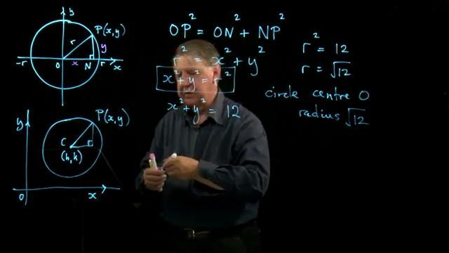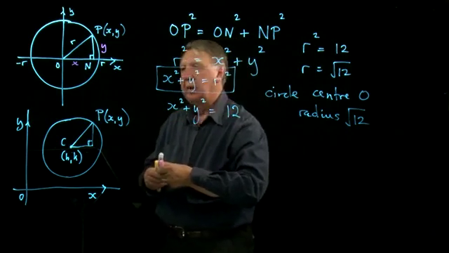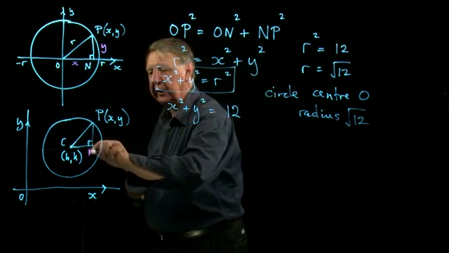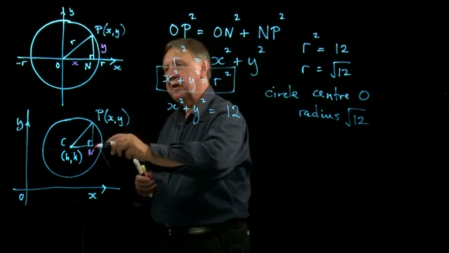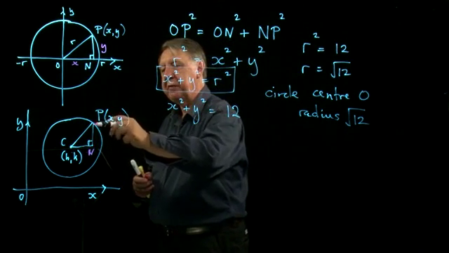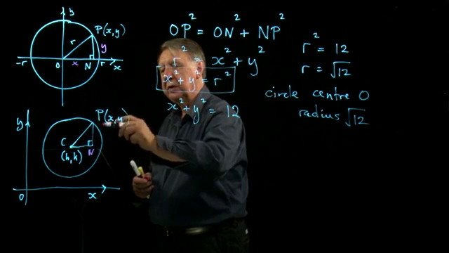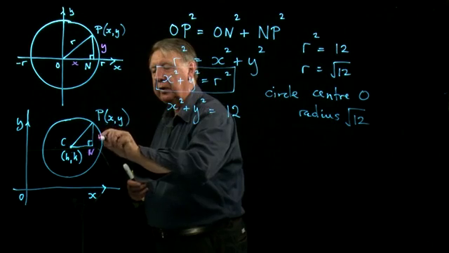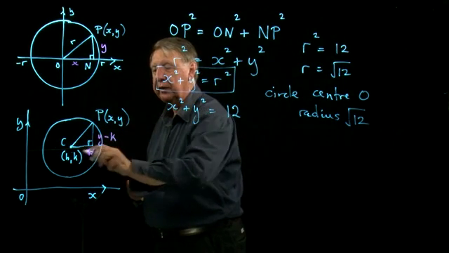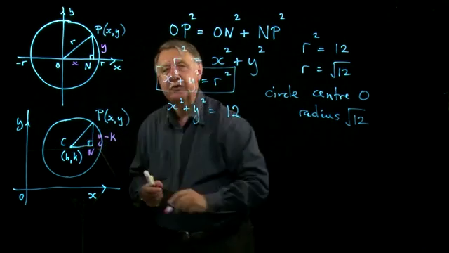Now let's look at the distances involved here. We'll call that N again, I think. So PN this time is the difference in the y coordinates. So it's y take away k, where I'm calling the centre of the circle the point (h, k).